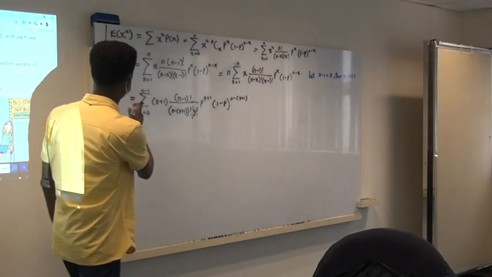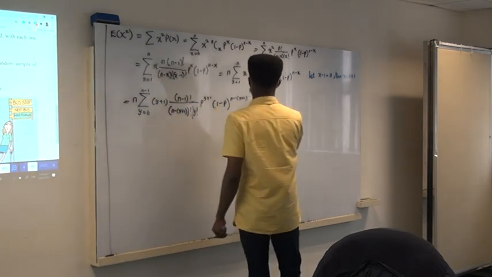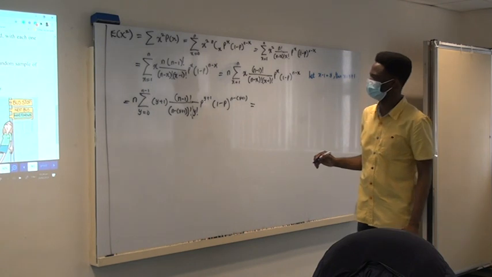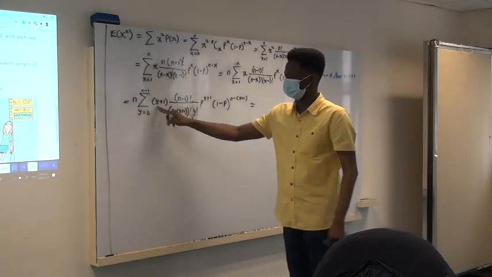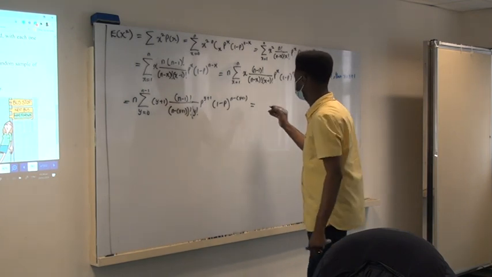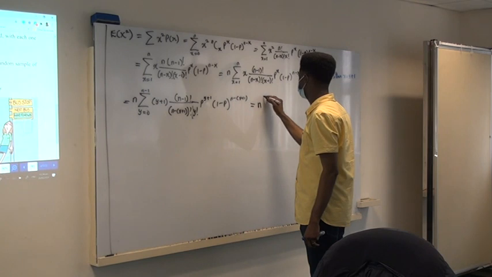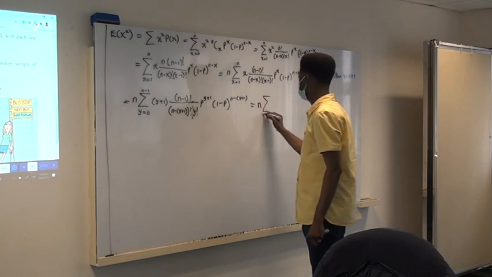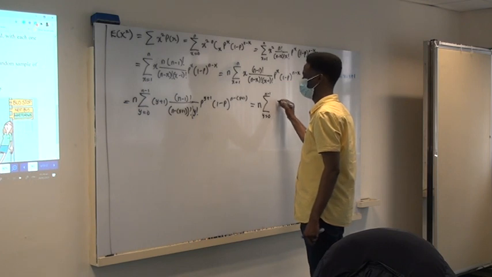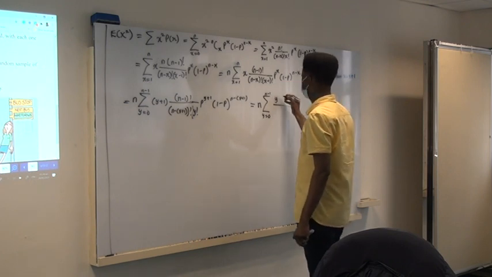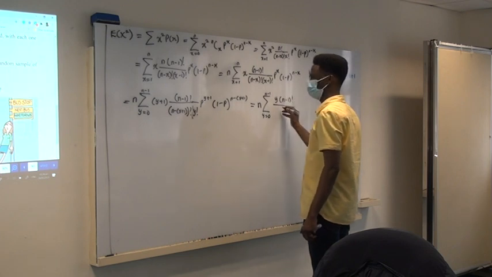There's an n at the back. So quickly, what do we notice? We can split this into 2. Open the bracket. So we have 2 sigmas. n, summation y from 0 to n minus 1. Then we have y. Can you see this? n minus 1 factorial.